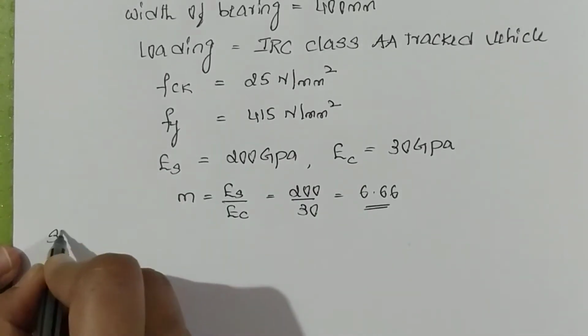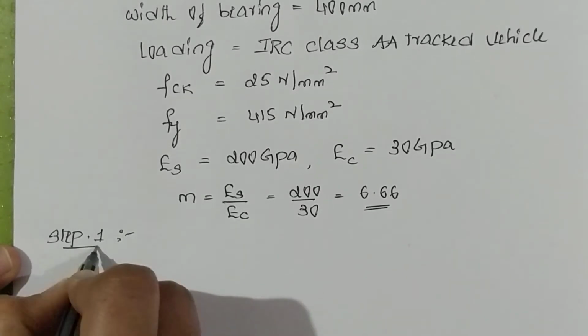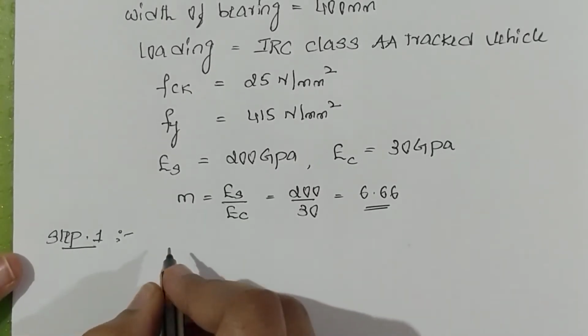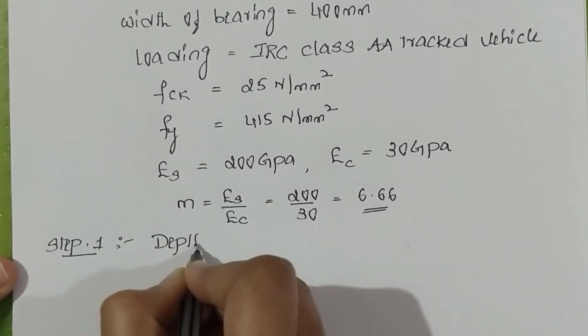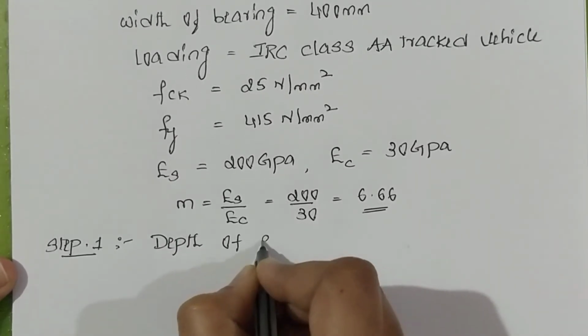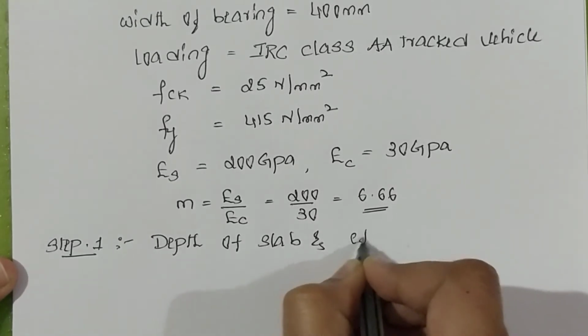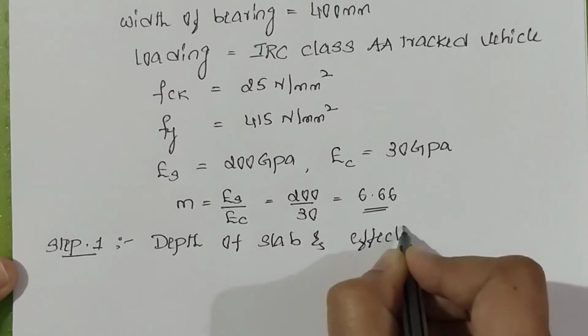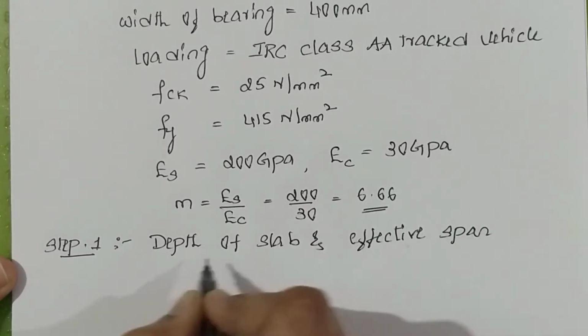The first step in the design, step number 1, is depth of slab and effective span.